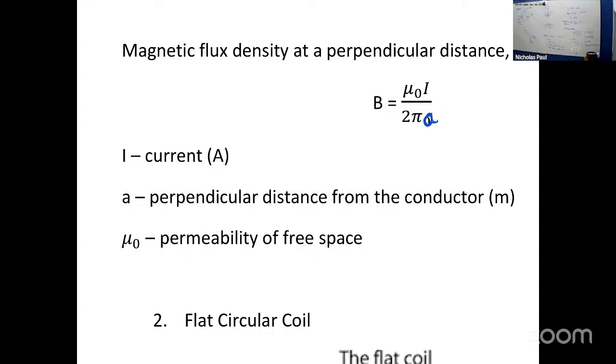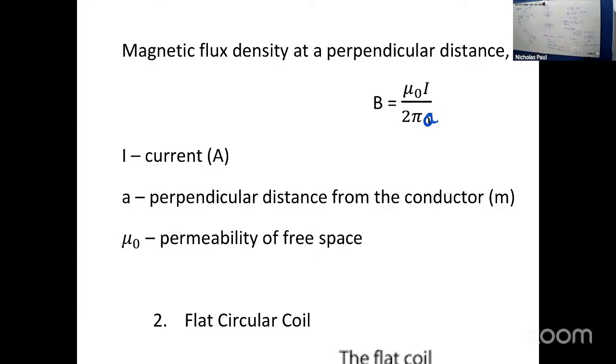Permeability here. Which one is this? You're done?